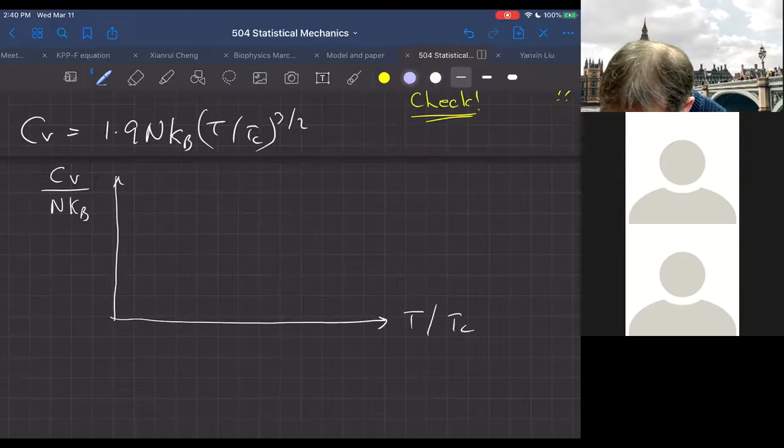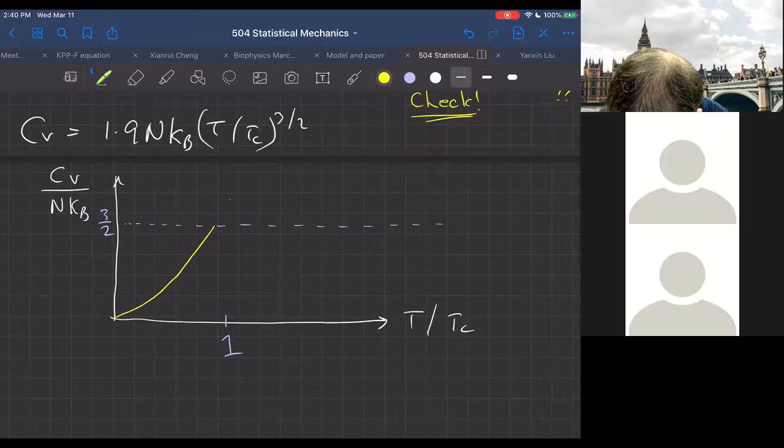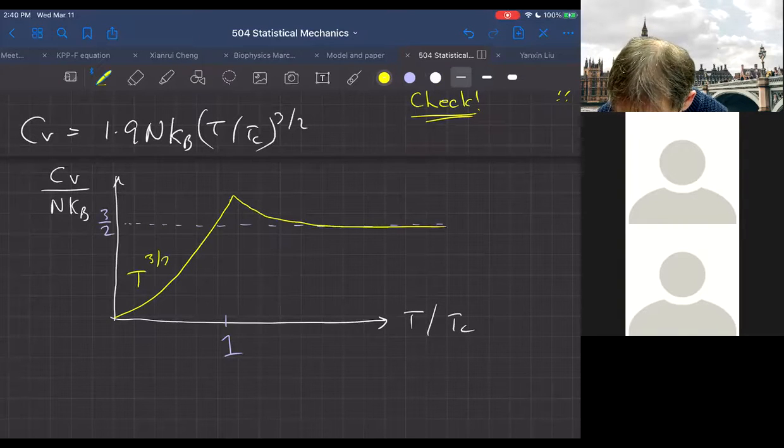If we had a classical gas, this would just be a constant, 3/2. Let's put in Tc equal to 1 over here. And then what this curve looks like is something like this. This behavior here is the T to the 3/2 behavior that we've just calculated.